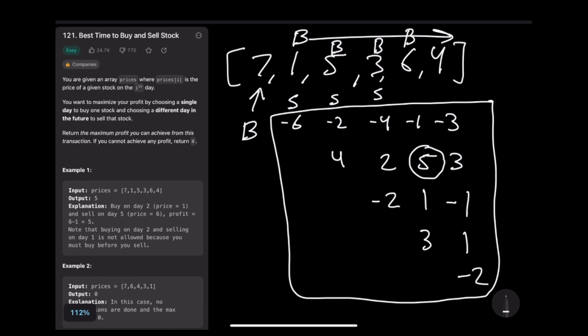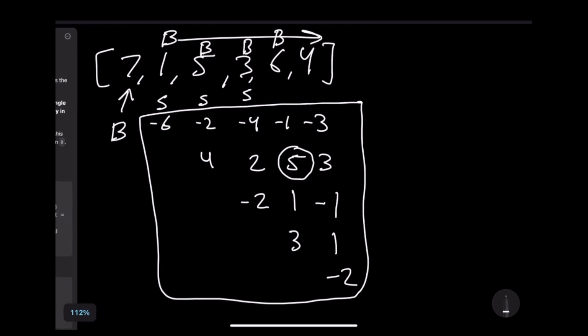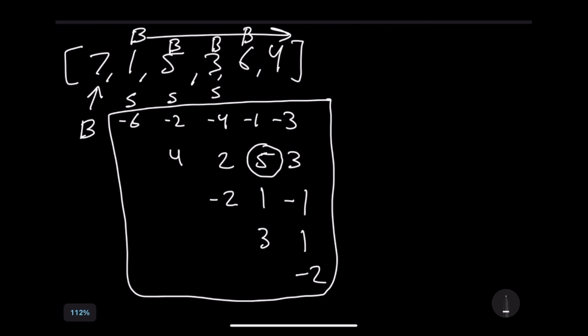What I'm wondering is if there's any trick to not have to check every value. And so what I mean is, say we've come to know that there is a 5, that this is the max value we've seen so far.